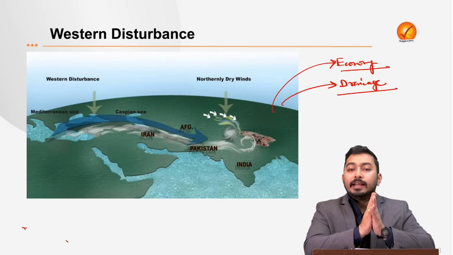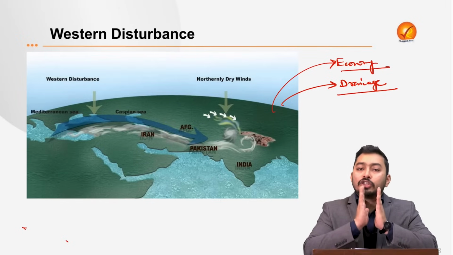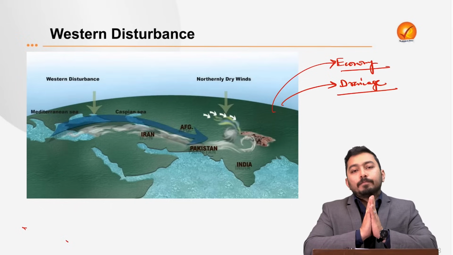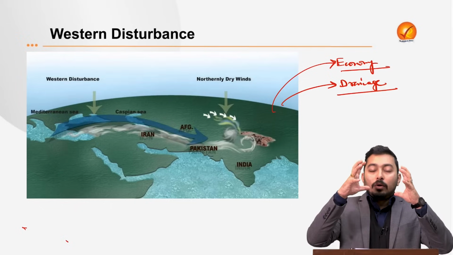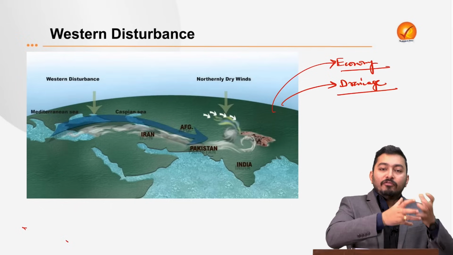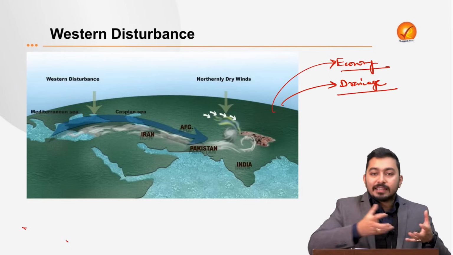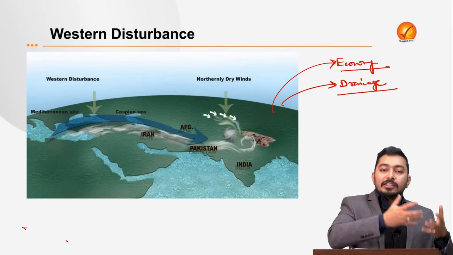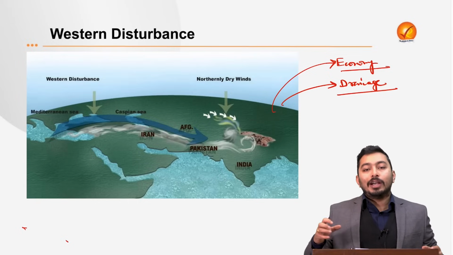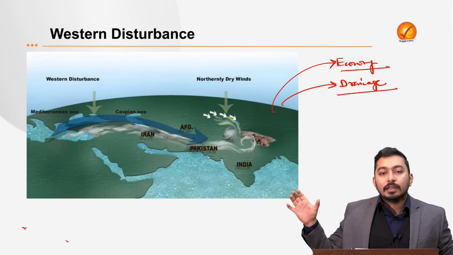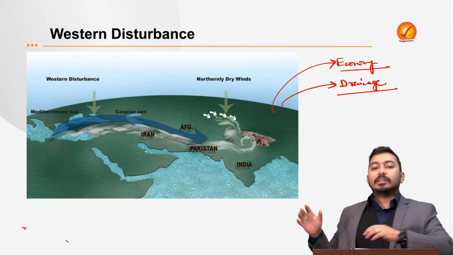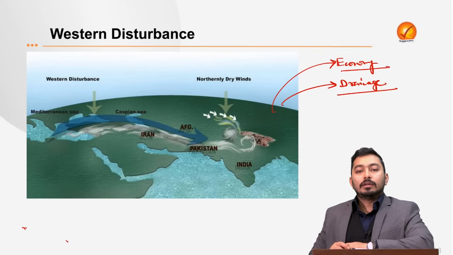Now, can I say that if I do not have snowfall, where will the new snow come from? My glaciers will have less snow. If it has less snow, the glacier is called a receding glacier. So if there is glacial recession, what will happen?